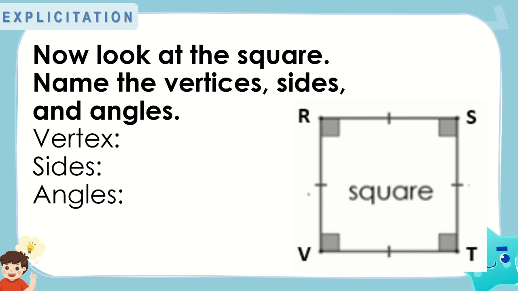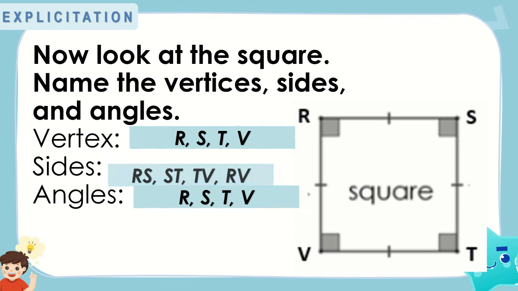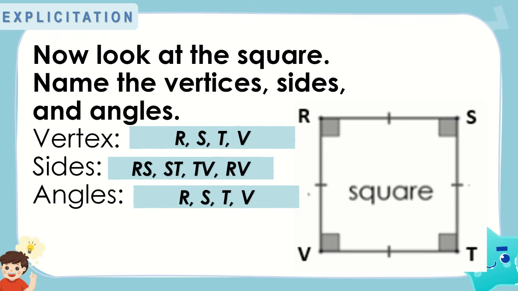Now, look at the square. Name the vertices, sides, and angles. For the vertex, we have R, S, T, and V. Sides, RS, ST, TV, and RV.